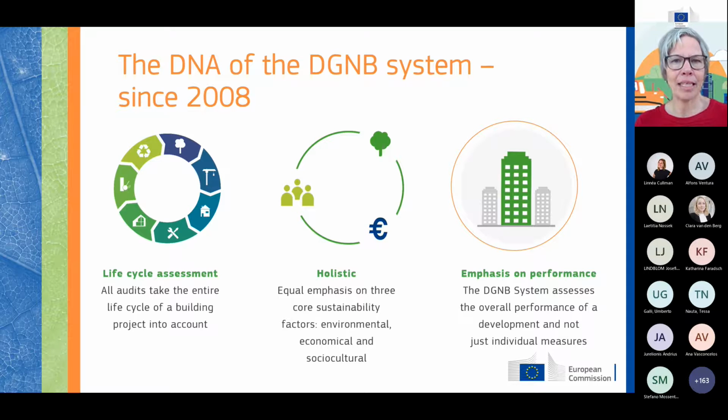People have to understand that the life cycle perspective when designing new or renovating buildings is essential. So life cycle assessment, whether it's environmental or economic, is one of the core aspects of the DGNB system. Secondly, we have the holistic perspective. So we really look at environmental, social, and economic aspects.